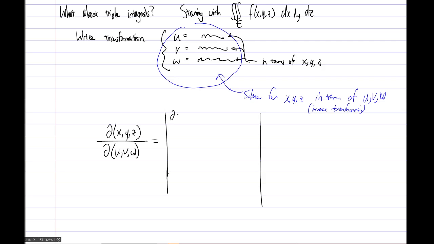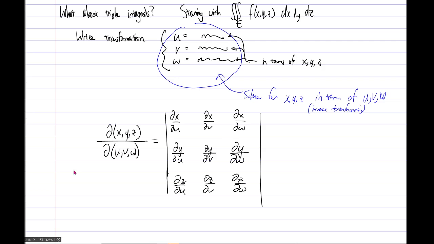So partial derivative of x with respect to u, partial derivative of x with respect to v, partial derivative of x with respect to w. Now take the next letter here, y, and for the next row, partial derivative of y first with respect to u, then partial derivative of y again, but with respect to v, and partial derivative of y with respect to w. Last, partial derivative of z with respect to u, partial derivative of z with respect to v, and partial derivative of z with respect to w.